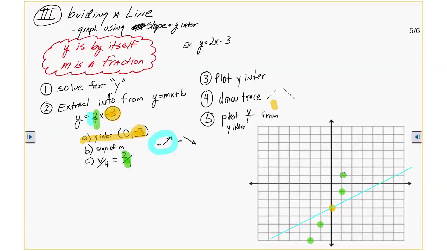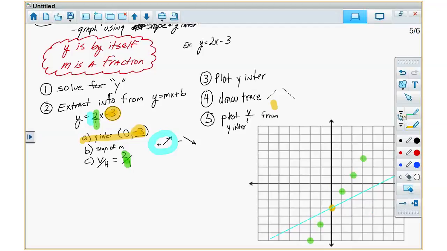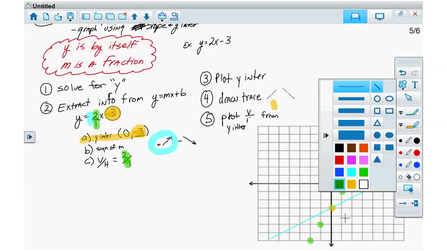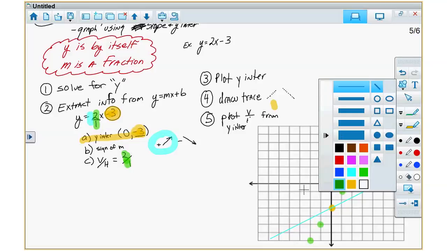Up 2 over 1. Up 2 over 1. Do it all day long. And now that I've established my green points, I take my green line, because that means I'm done, and I draw a real line.